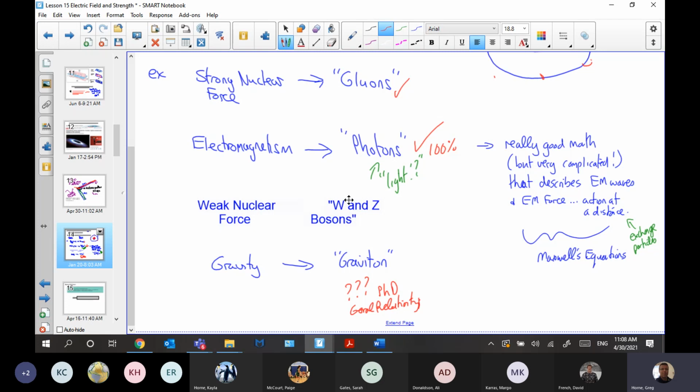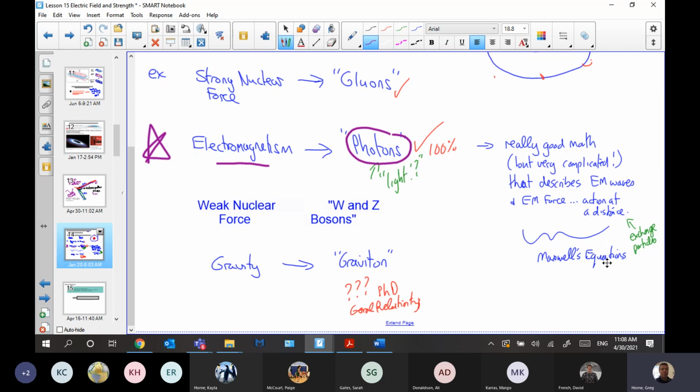With electromagnetism, this seems weird to imagine, but the exchange particles are photons. So when you have a magnet stuck to a fridge, the magnet's actually exchanging photons in some weird way. And the weird way is Maxwell's equations.